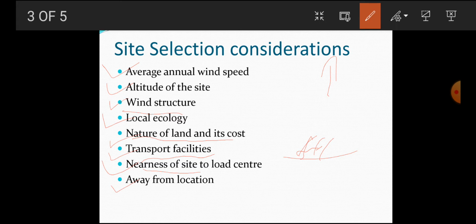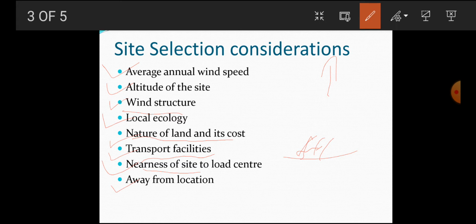It is plain land sites, hilltop sites, seashore sites, offshore shallow water sites. So those are the main four sites which are suitable for the wind energy system.